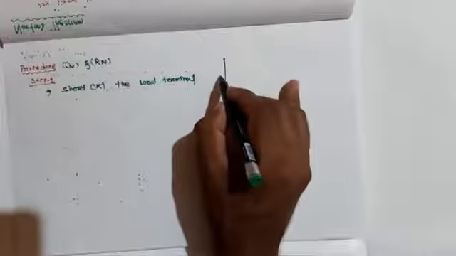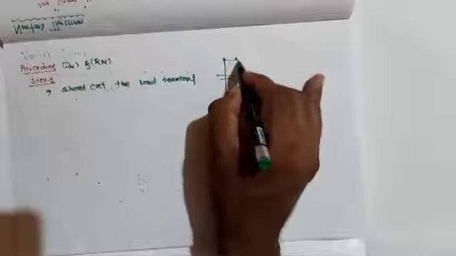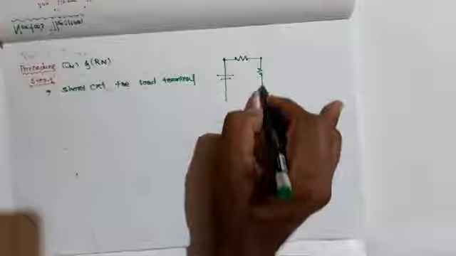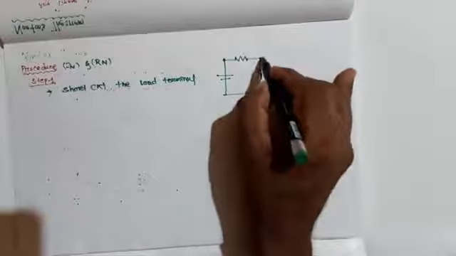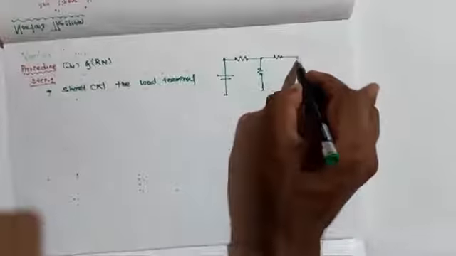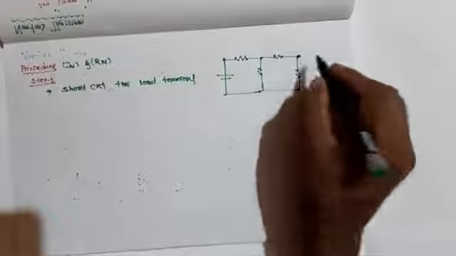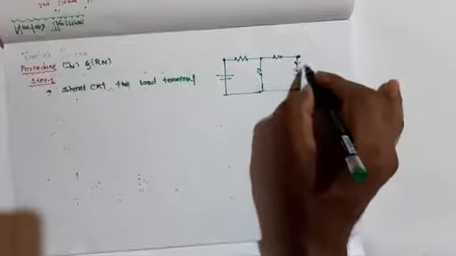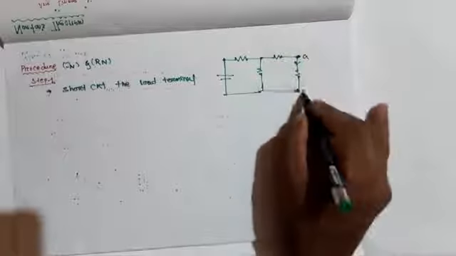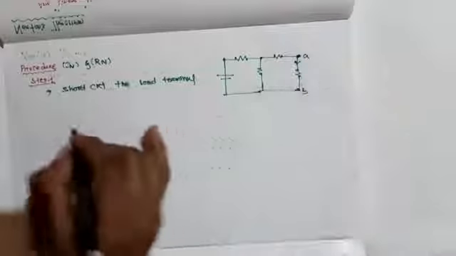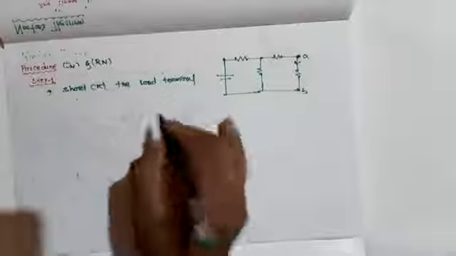This is the circuit. If the question asks to find the Norton equivalent in this branch, AB, you need to short this branch.